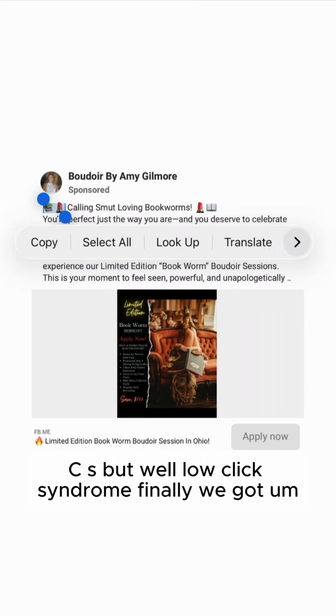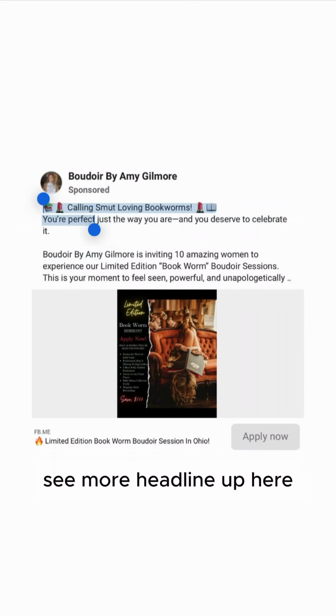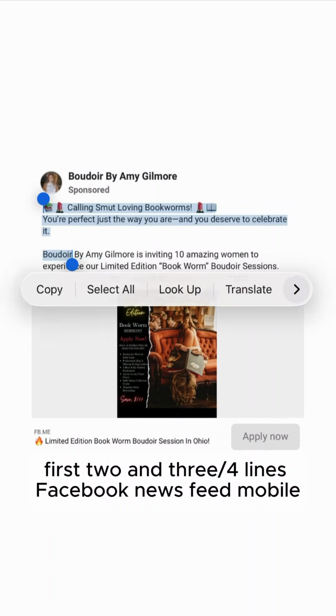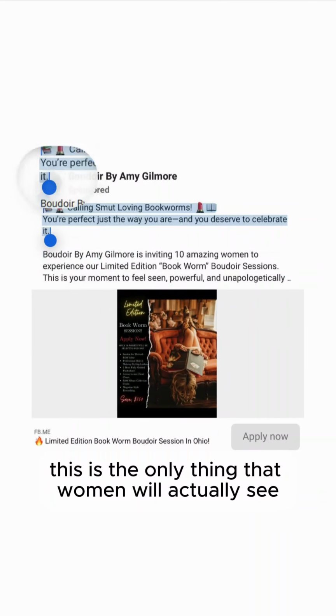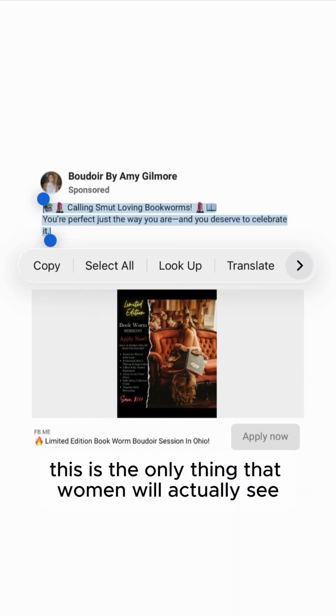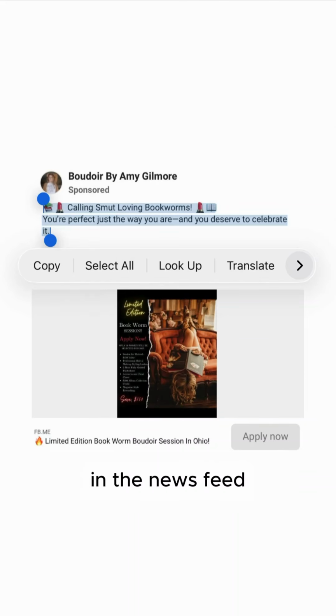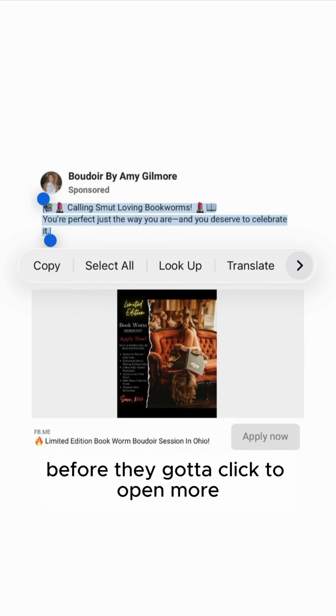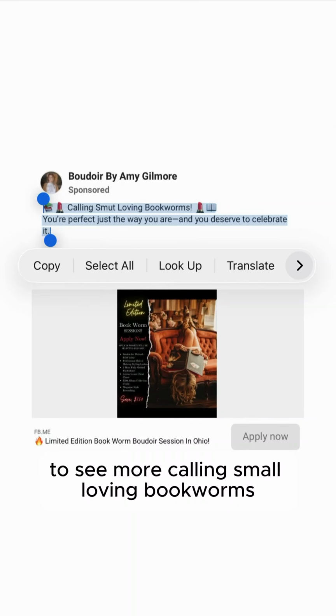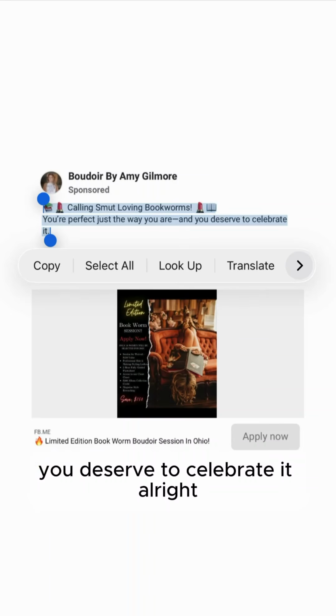Finally, we got the see more headline up here. The first 2 3/4 lines on the Facebook newsfeed mobile are the only thing that women will actually see in the newsfeed before they have to click to open more, to see more. Calling small 11 bookworms. Just deserve to celebrate. All right, so small amounts of context here, but this is the lack of context mistake.